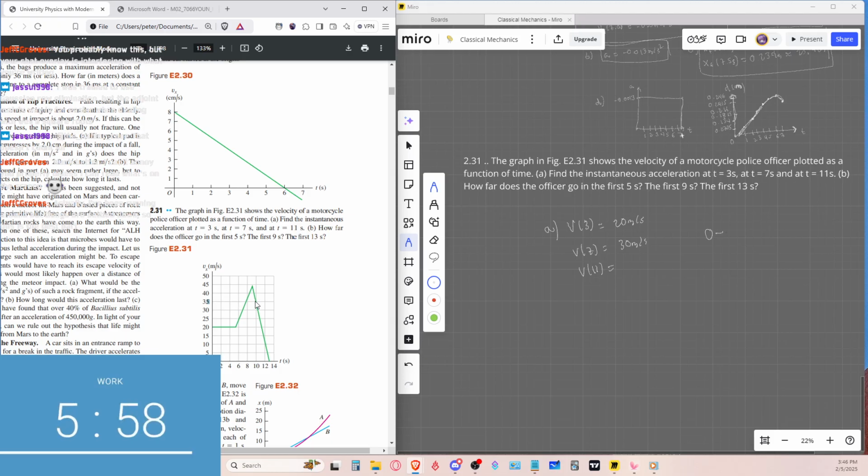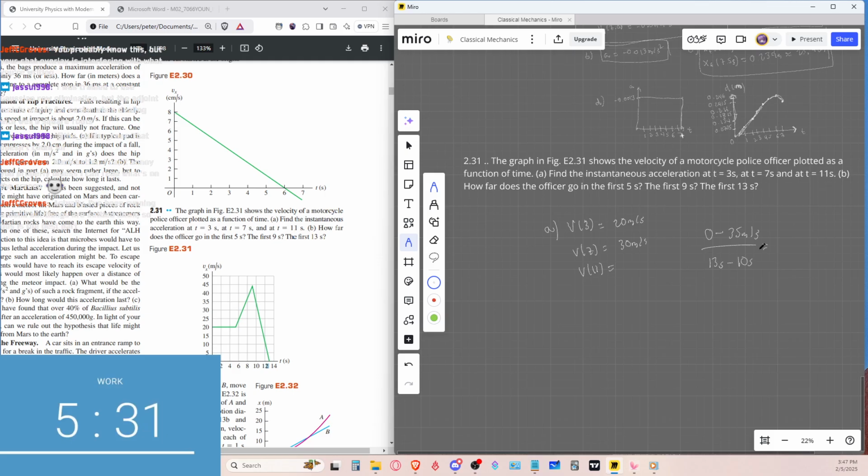Oh, wait, hold on. Oh, 10 is 35. Okay, so that makes it easier to deal with. 35 meters per second. And I'm guessing this lands on 13. So it's 13 minus 10 seconds.